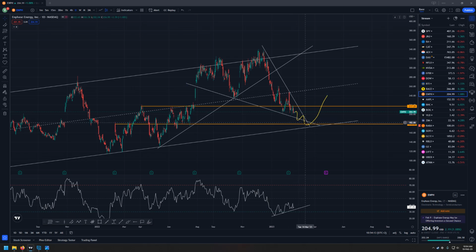I would love for it to go as low as the trend line, which would be like 175-ish, but I don't think it will go that low. So watch this one. It's probably a good opportunity to go long somewhere around here, and when it goes, it will go big.